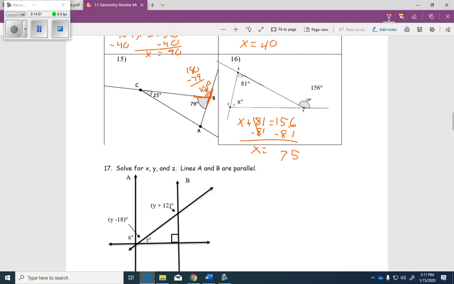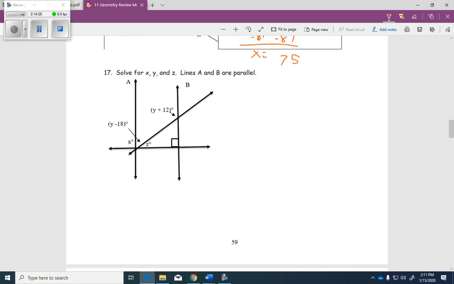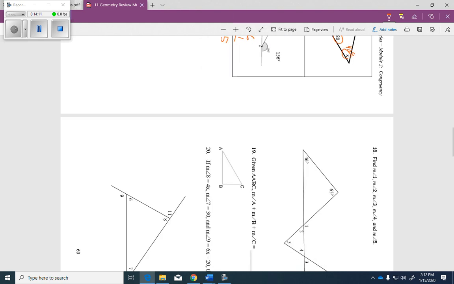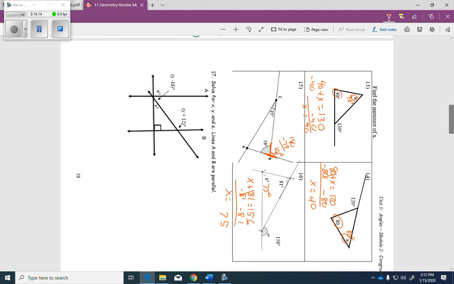So x is 75. I think 17 is a bit tricky. I would actually look at it sideways, and these are the parallel lines, and this is one transversal.